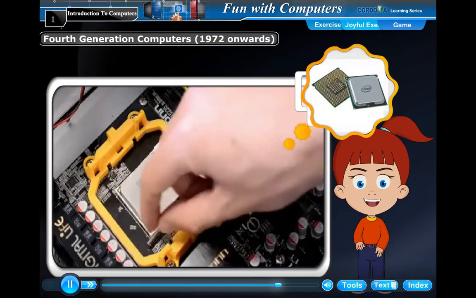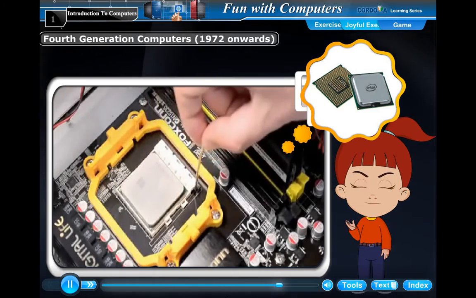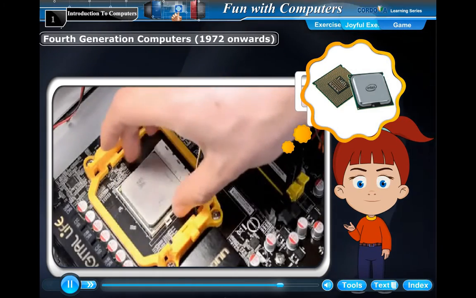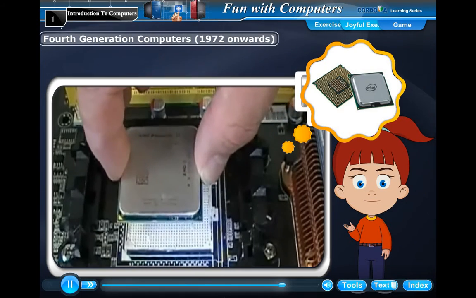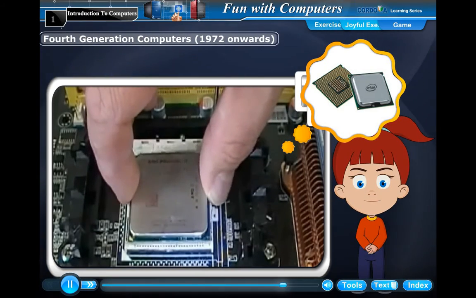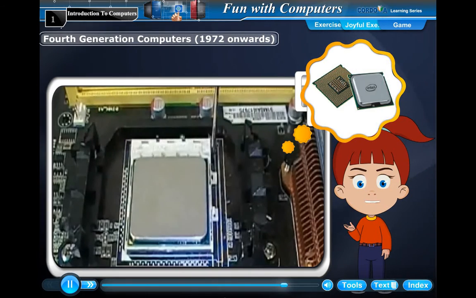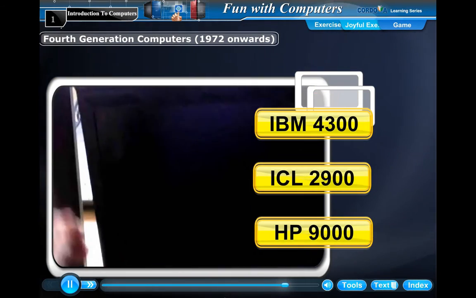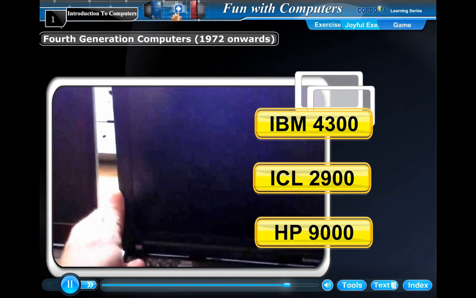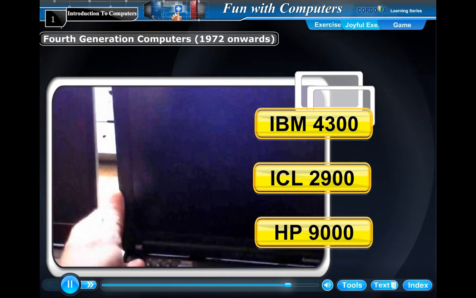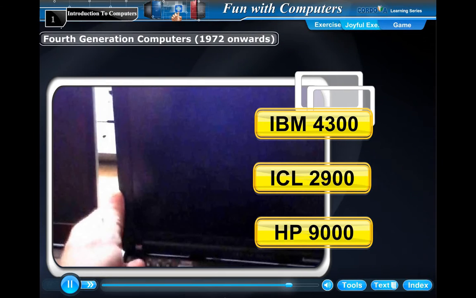They use a device called microprocessor. They are smaller in size. They are cheaper and faster. They are very easy to handle. Examples: IBM 4300, ICL 2900, HP 9000.